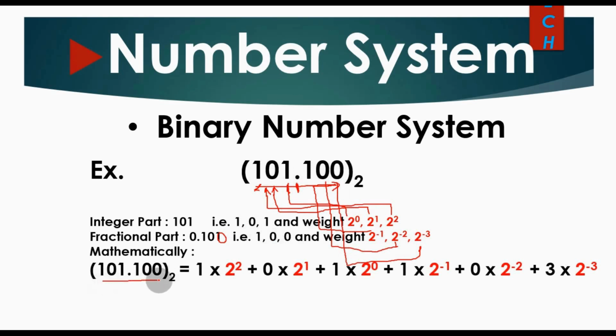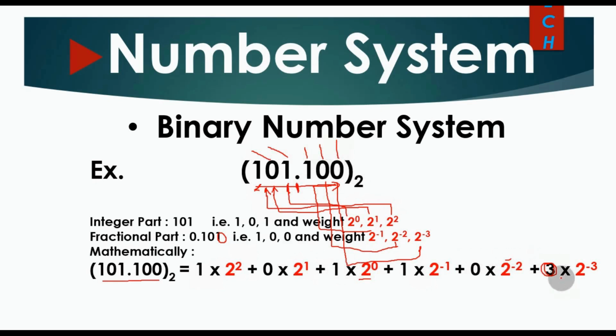If you want to write it mathematically: 1 into 2 to the power 2 for this one, 0 into 2 to the power 1, and 1 into 2 to the power 0. Then in the fractional part, plus 1 into 2 to the power minus 1, 0 into 2 to the power minus 2, and 0 into 2 to the power minus 3.